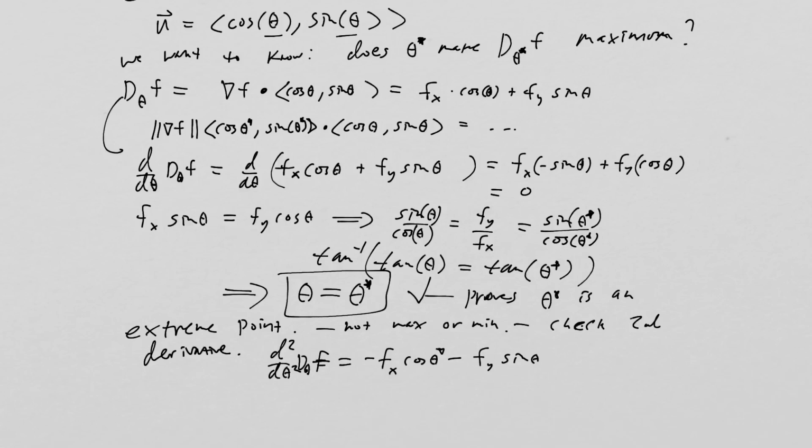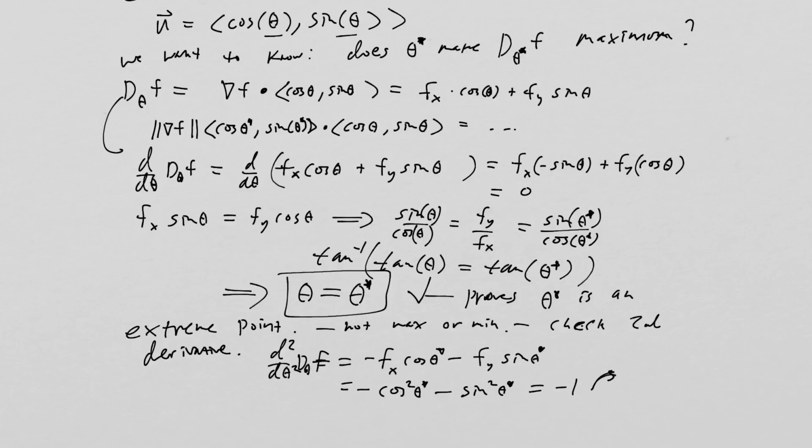But now we know that theta is equal to theta star, and that's going to be negative cosine squared theta star minus sine squared theta star, right? And so, of course, that is going to be equal to negative 1.